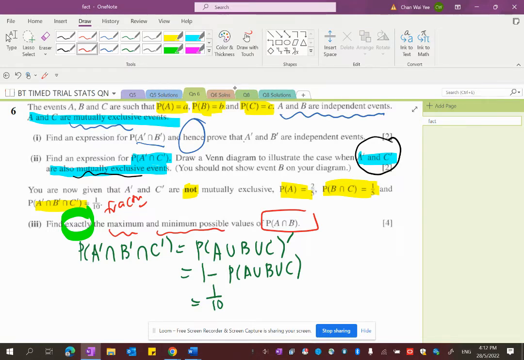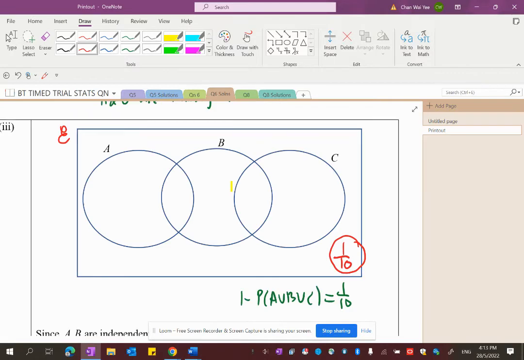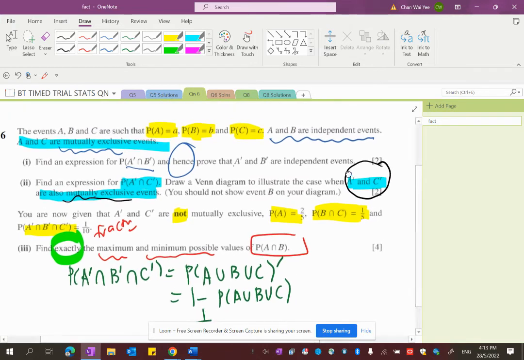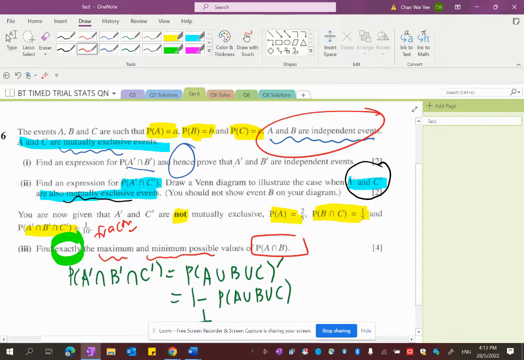So we know that B intersecting C is 1/5. You can put this in first. And we also know that the probability of A is given as 2/5. And the question also told you that A and B are independent events.